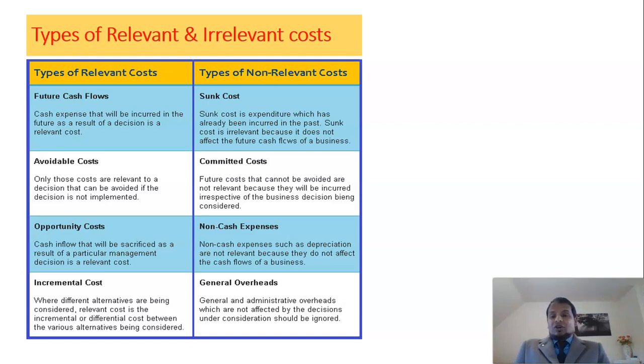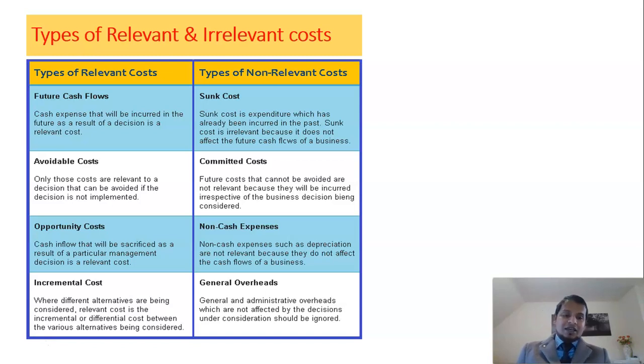Avoidable cost is a cost which can be avoided in future by making a decision. Those costs are avoidable costs, and avoidable costs are relevant costs. If we make a decision relating to make or buy a product, if we make the product, we need raw material.